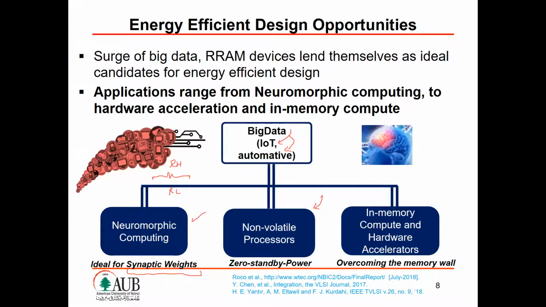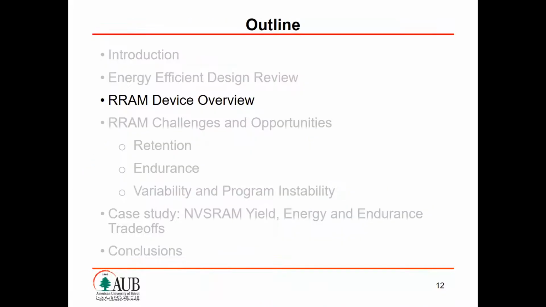And the RRAM, or the non-volatile memory, is compact, it can be implanted on chip and it can store my data. We can also use them in in-memory computing and hardware accelerators, and this helps us overcome what we call the memory wall, which we will talk about shortly. So we see very promising applications for this.